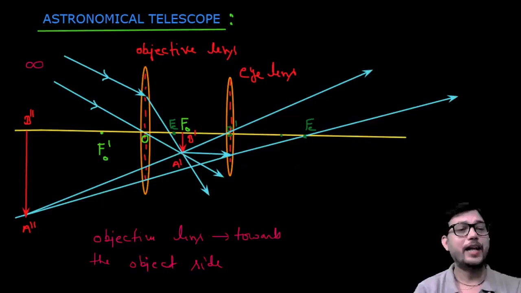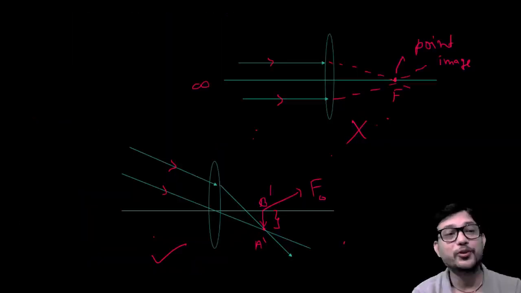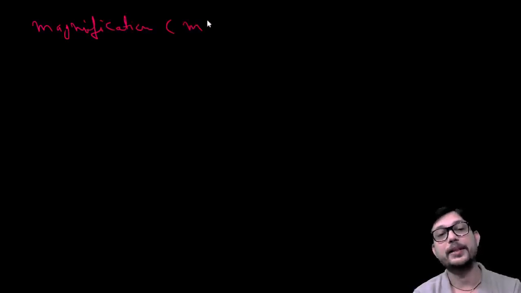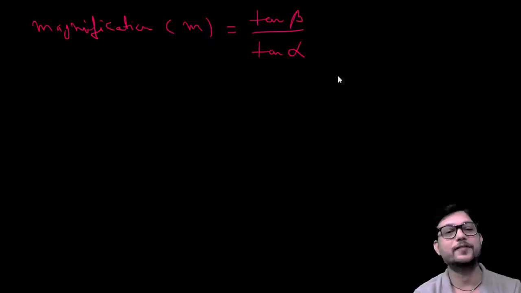Now what we have to do is find out the magnification. So firstly we have to write the magnification, which is represented by small m, and the formula is tan beta upon tan alpha.